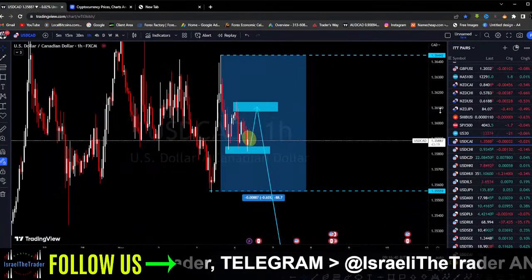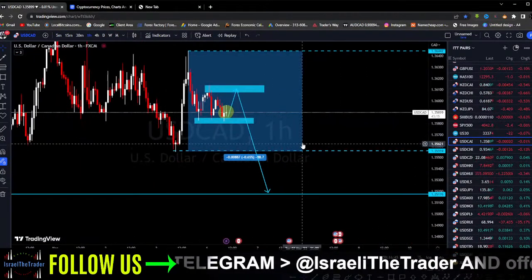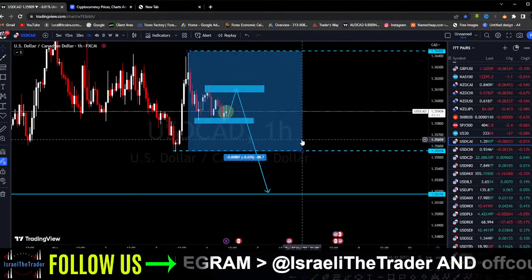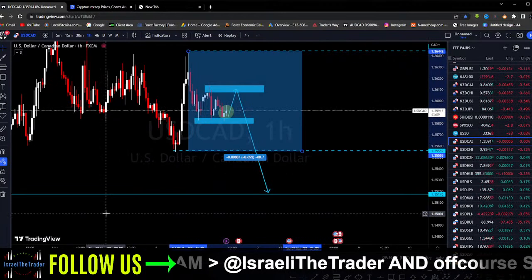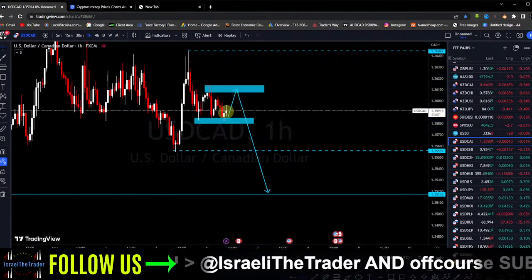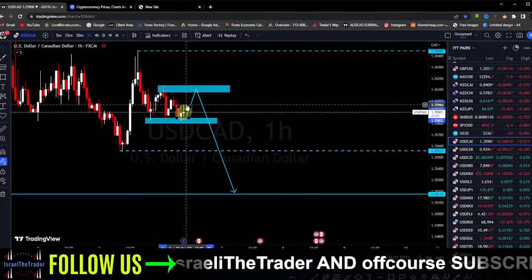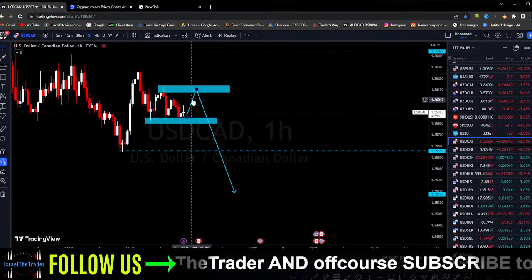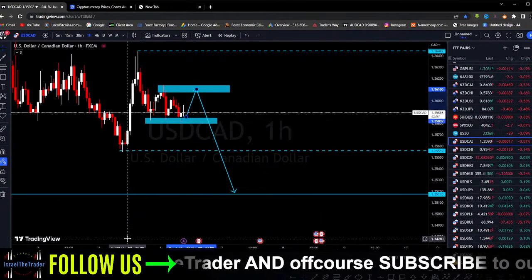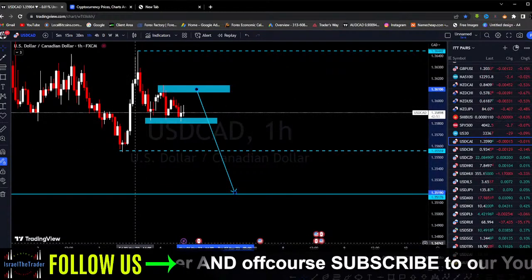So let me go back down to the 1 hour time frame. This is USD CAD, and I sold it at that price which I mentioned earlier. Let me get rid of this first, and let me get rid of this. Of course, this has no use again because I'm already in the trade.